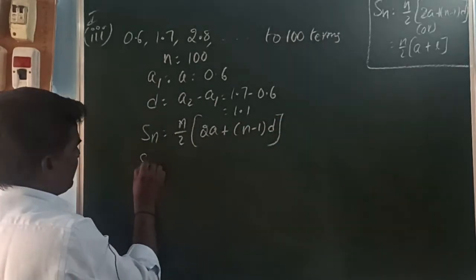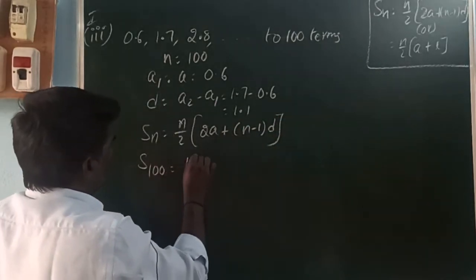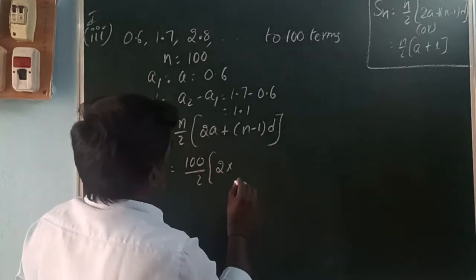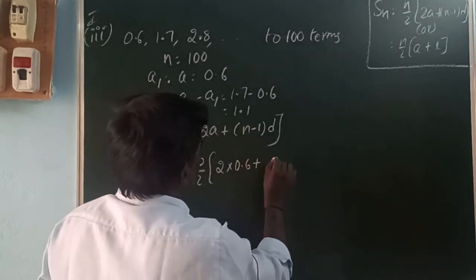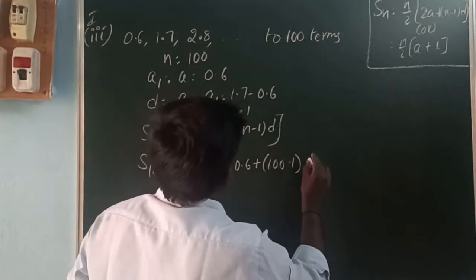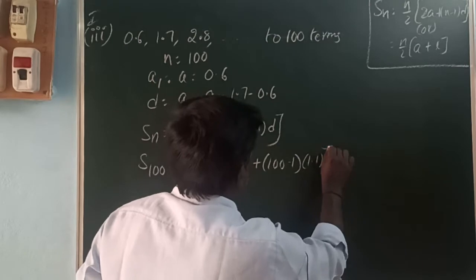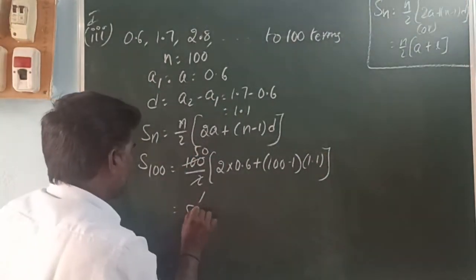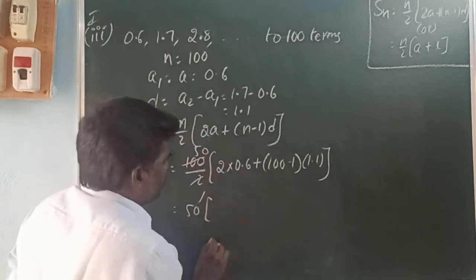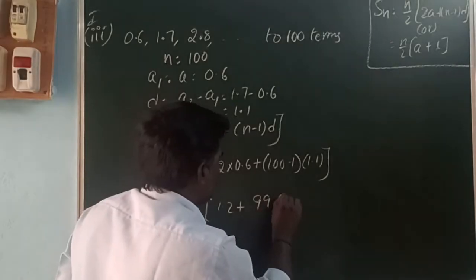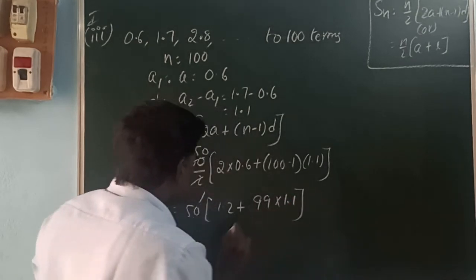So here S100 is equal to 100 by 2 of 2 into a, which is 0.6, plus n, which is 100 minus 1, d is 1.1. So 2 ones are 2, 50. So that is 50 of (2 into 0.6, that is 1.2) plus (100 minus 1, 99 into 1.1).